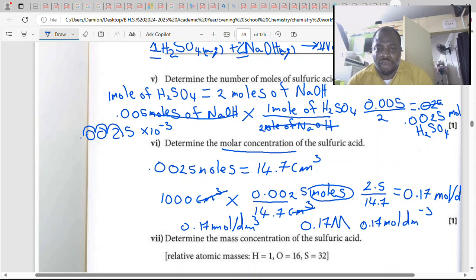So either way you want to write it is acceptable. Whenever you see capital M, it's representing molar concentration. So you can look out for that. If you use the mole dm cube, you have to put the negative sign. If you say moles per dm cube, you don't have to utilize that -3.